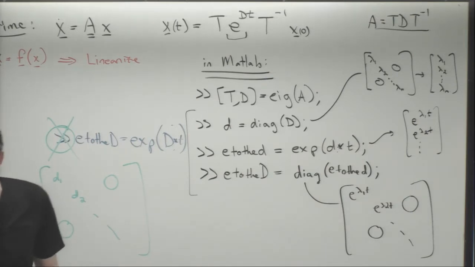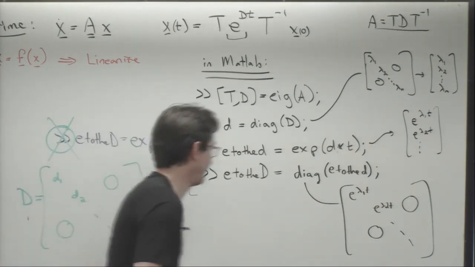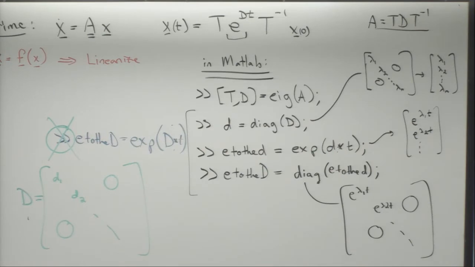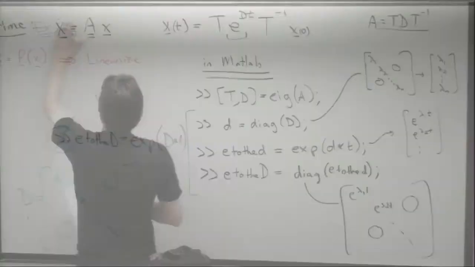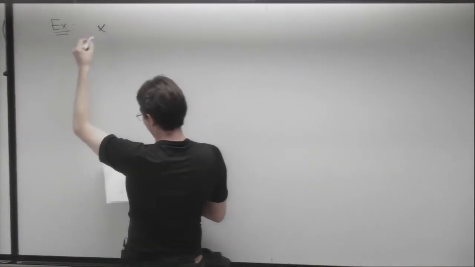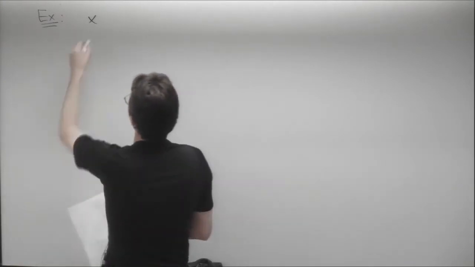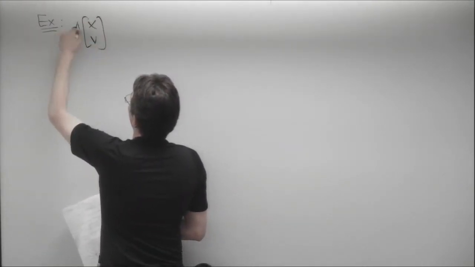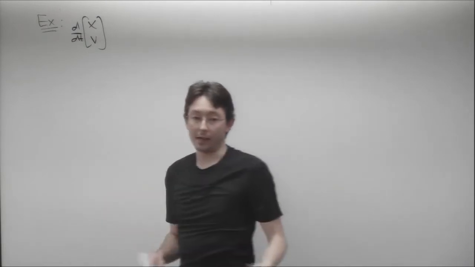Okay, let's do some examples. Okay, so last time we had x dot, so I'm going to write this as d dt of some variables x and v.